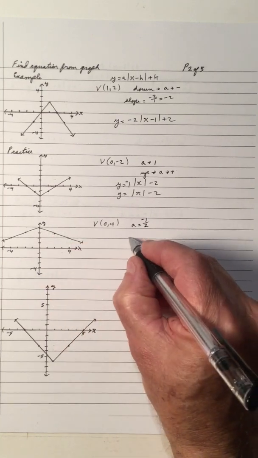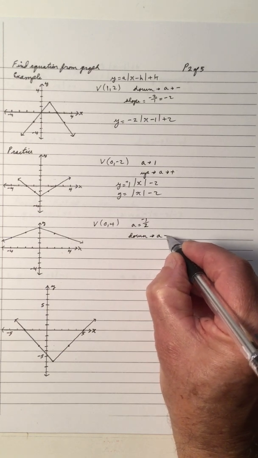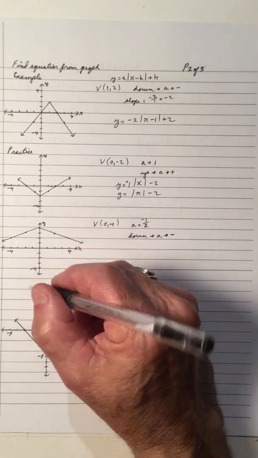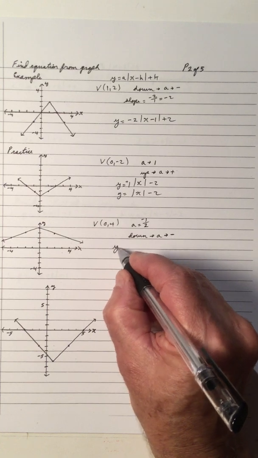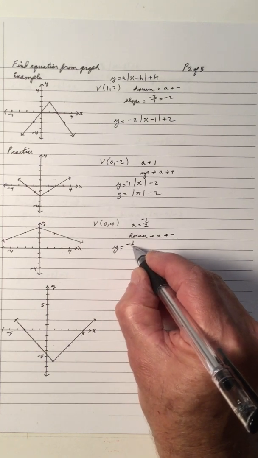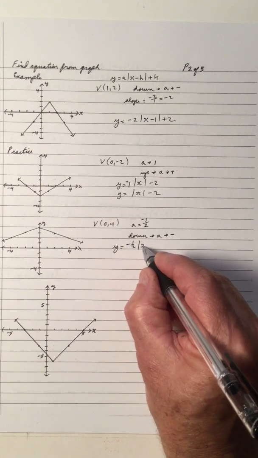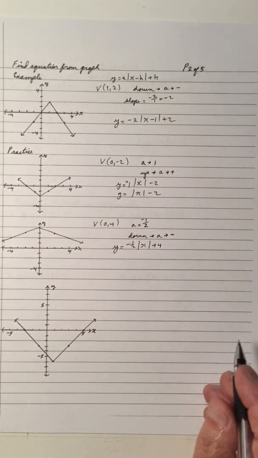And it's going down. Again, going down means that A is negative, just to make sure. If we do it like this, going down, opens down, is negative, or you can pick it up in the slope. So the equation is y equals, A is slope, negative 1/2, absolute value, x minus 0 is just x, plus 4.